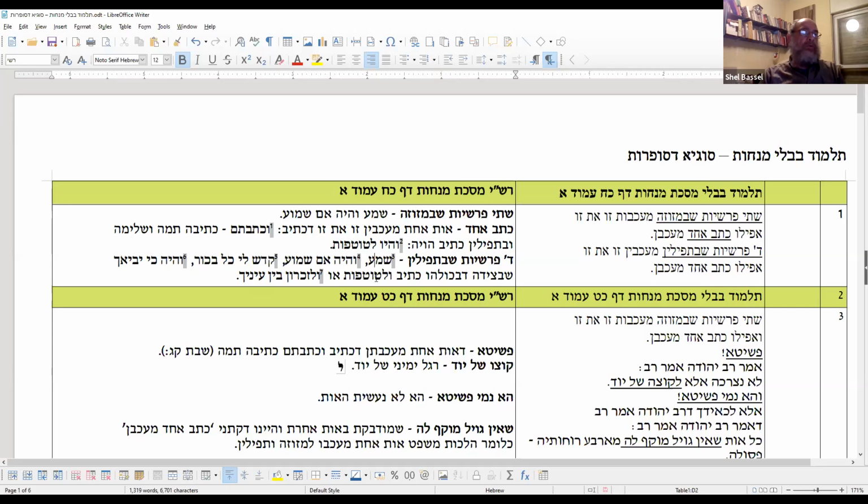In all of them, ktiv ultotafot or ulezikaron beinecha. Three of them, Shema, Vehaya Im Shamoa, and Vehaya Ki Yeviacha, all talk about totafot, and Parshat Kadesh talks about ulezikaron beinecha. And those are all references to what we call tefillin. So those are the four parshiot of tefillin.